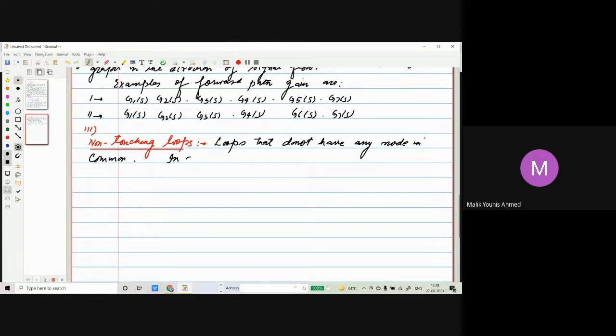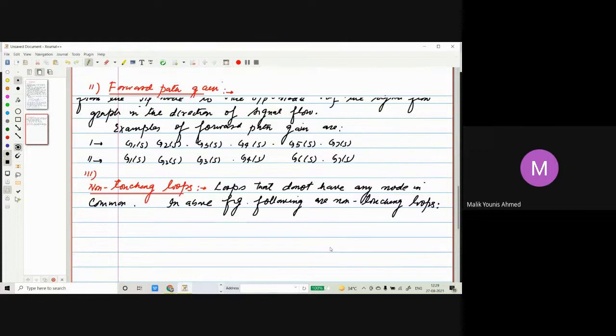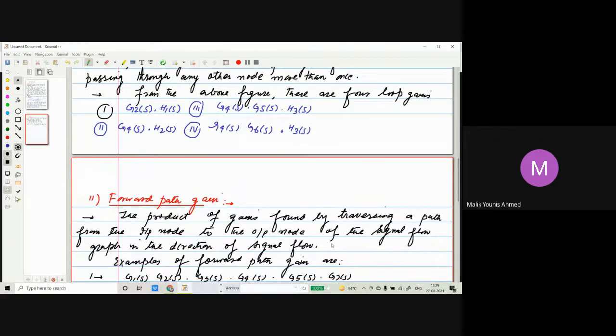In the above figure, following are non-touching loops. Let's see the definition. There are loops. How many loops are there? Identify the loops first. There are 4. So let's see which of these loops are not touching each other.